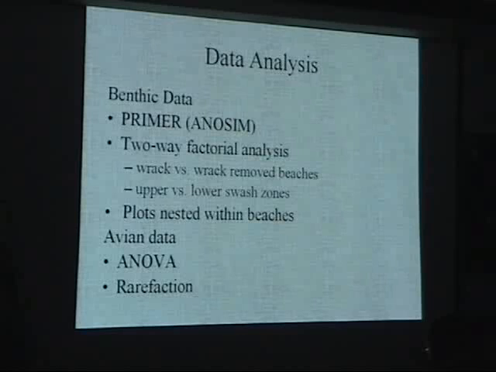For the avian data, we're going to do an analysis of variance and also some rarefaction to assess the richness within the communities. Another thing I would like to do for the benthic data, which I just read about, is a K-dominance curve, in which I'll plot the abundance and the biomass.